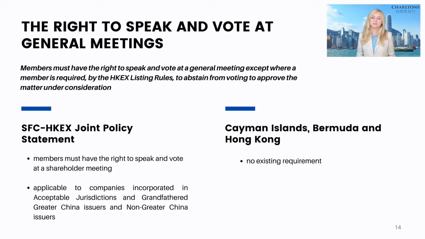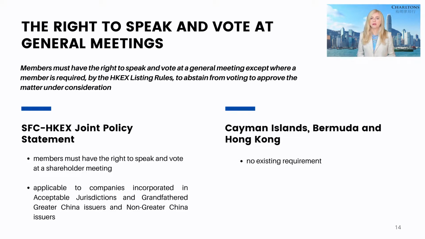The next proposed core standard will extend to all Hong Kong Exchange-listed companies the right of shareholders to speak and vote at general meetings, except where a shareholder is required by the listing rules to abstain from voting to approve the matter under consideration. Currently, only companies which are incorporated in an acceptable jurisdiction and grandfathered Greater China listed companies and non-Greater China listed companies provide shareholders with the right to speak and vote at a general meeting, which is analogous to the proposed core standard.